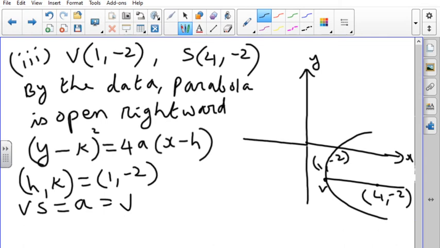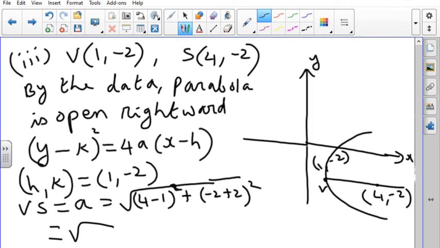So it is equal to root of 4 minus 1 the whole square plus minus 2 plus 2 the whole square, which is root of 3 square, equal to 3. So a is equal to 3.